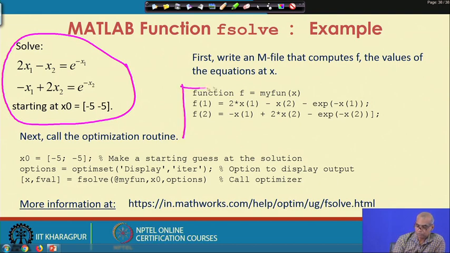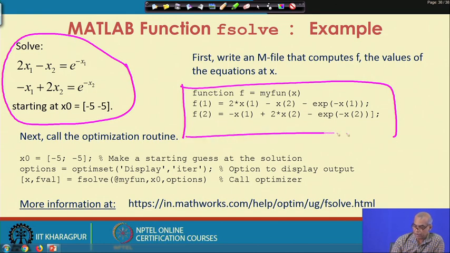So, this is how I write that. I define the function: function f equal to myfun of x. So, x contains x1 and x2. You simply write the first equation as well as the second equation.